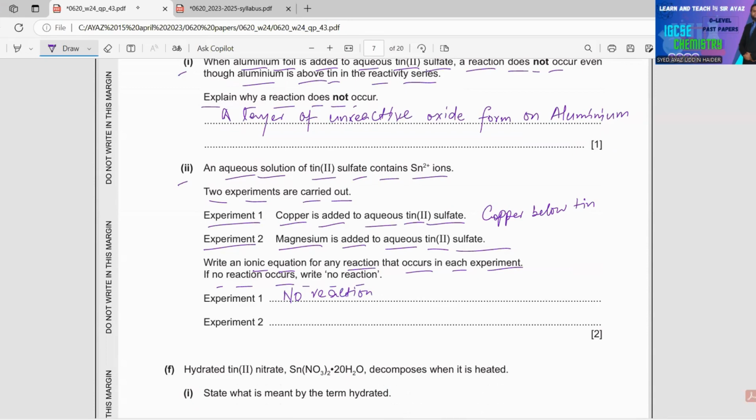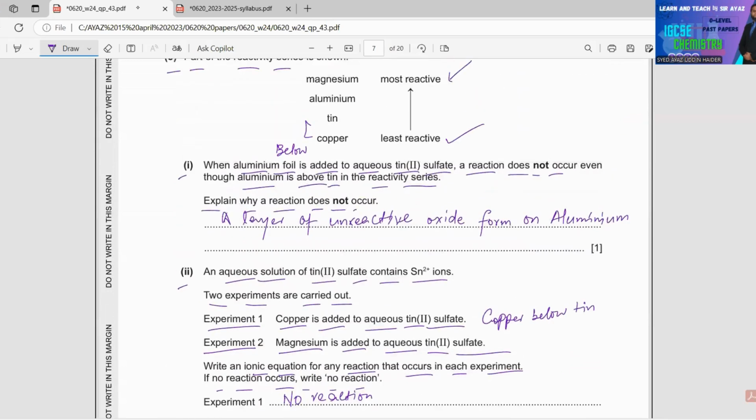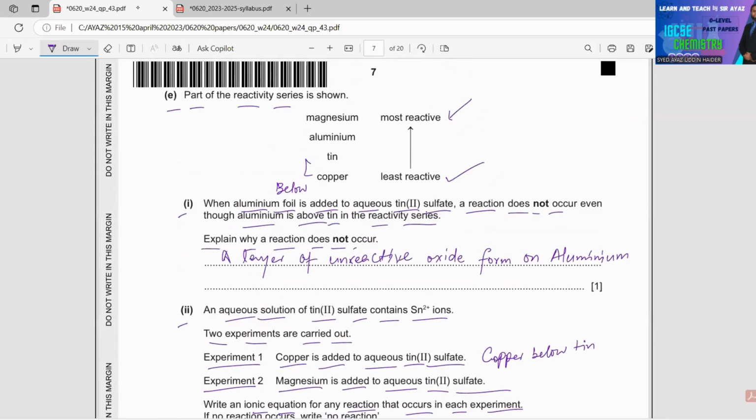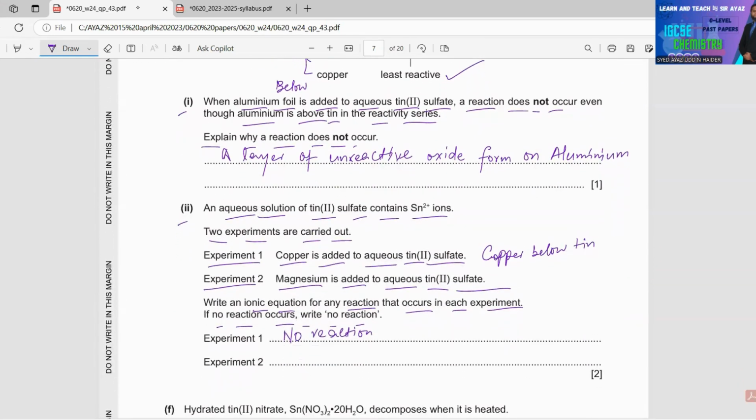Experiment 2. Magnesium is added to aqueous tin(II) sulfate. If you look at the position, magnesium is above tin. So definitely this reaction is going to happen, and they are expecting us to write down the ionic equation.